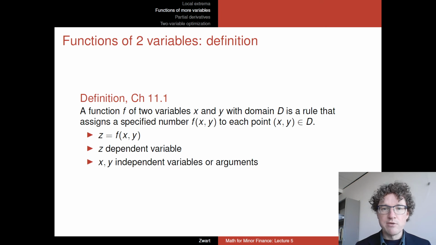So this function will, for any set of x and y, so a number x and a number y, give back to us some value, a specified number, f of x and y, call it z perhaps. So we might call this the height of the function, where z is then the dependent variable and the x and y are the arguments of the function, or the independent variables, we sometimes would say.